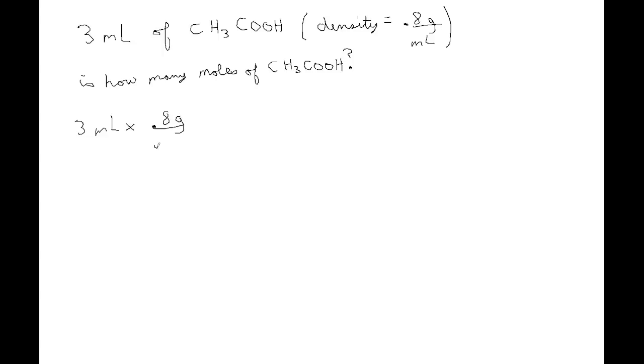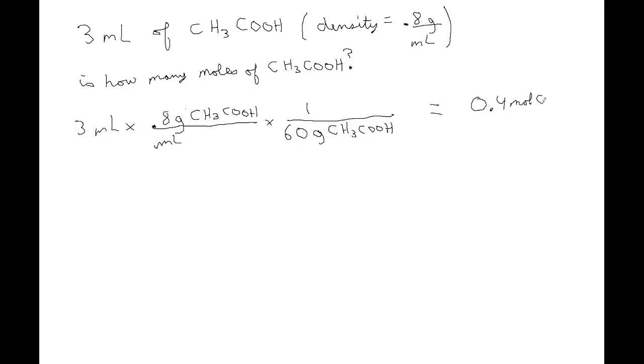So that's 2.4 grams CH3COOH, and the molar mass is 24 plus 32 plus 4, which is equal to 60 grams, so divide that by 60 grams per 1 mole. That is equal to 0.04 moles CH3COOH.